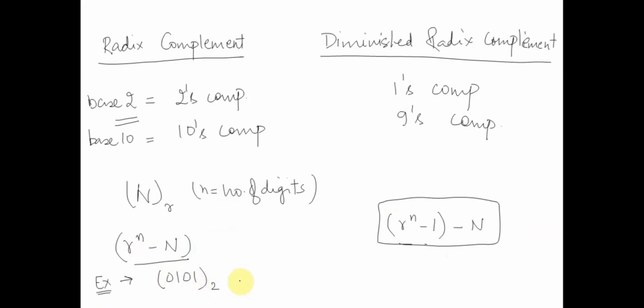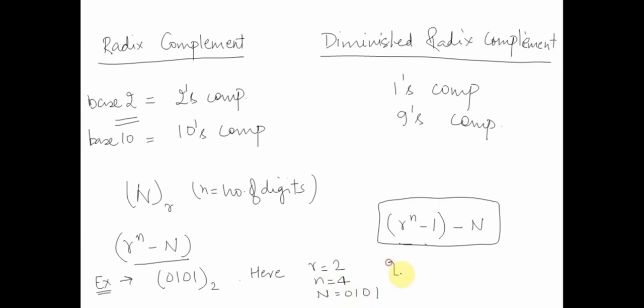So here, our base is 2, basically r is 2, number of digits n is 4, and my capital N is nothing but 0101, correct?